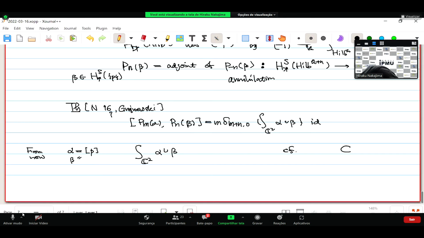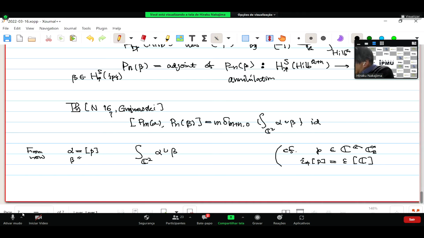I consider C and I have a C star action and the fixed point P. In this case, I star of P is X times C. X is the equivariant variable, so maybe I should change to epsilon in our case. This has weight epsilon. I mean this torus C star.